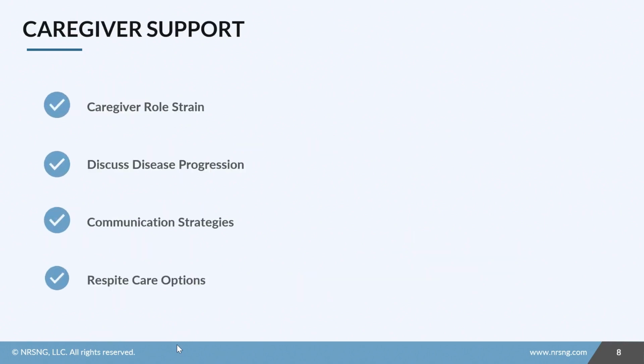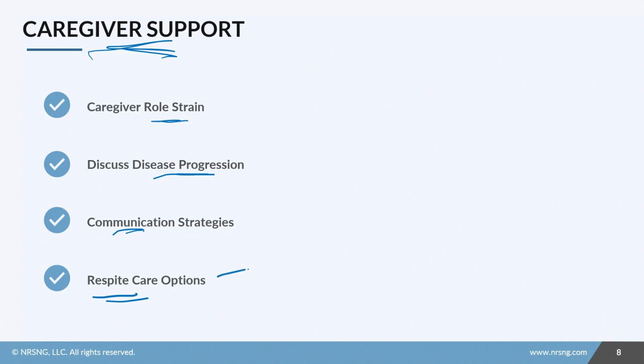Finally, I just want to point out that we need to provide a lot of caregiver support as well. There's going to be role strain as we see adult children taking care of their parents. Make sure that we're clear with them about the progression of the disease. Give them tips and tricks for how to communicate effectively with their loved ones. And then, of course, there's always respite care options that allow them a break from this 24/7 care.